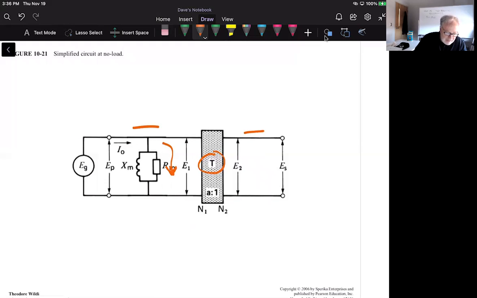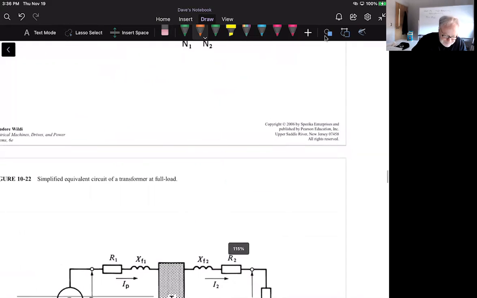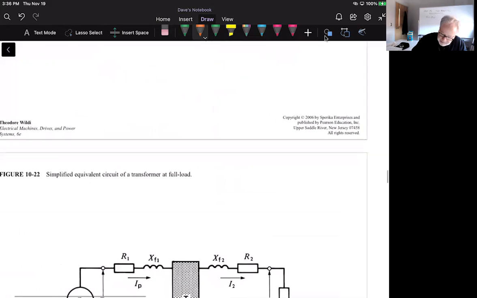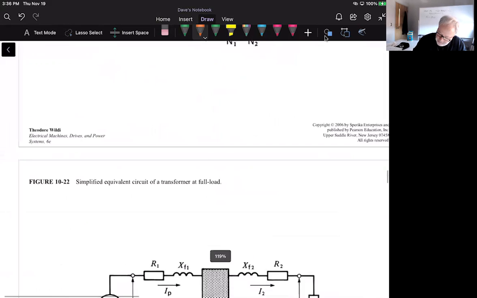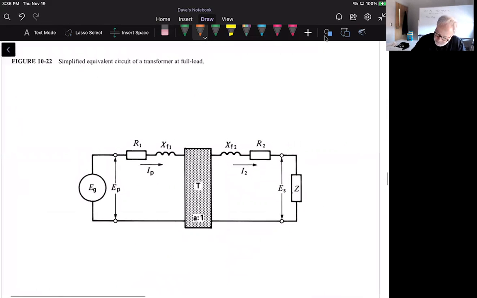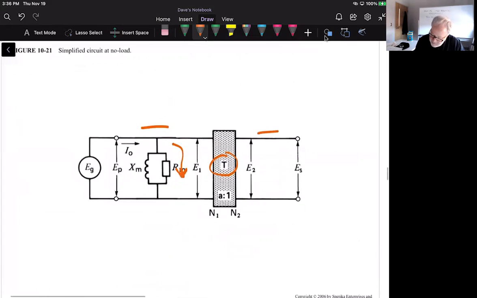Now, at full load, let's see if I get this right. Yeah, here we go. Full load: a simplified equivalent circuit of a transformer at full load. At full load, the I sub P is at least 20 times larger than the I sub O that was going through here.